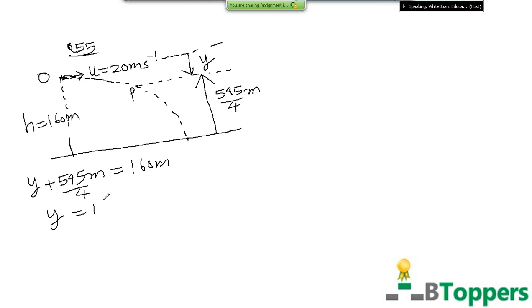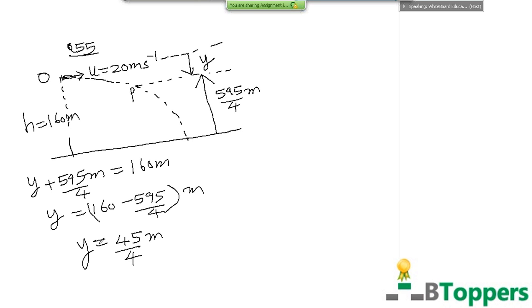So the value of y at the point P will be 160 minus 595 by 4 meters. Simplifying this, you get y equal to 45 by 4 meters.